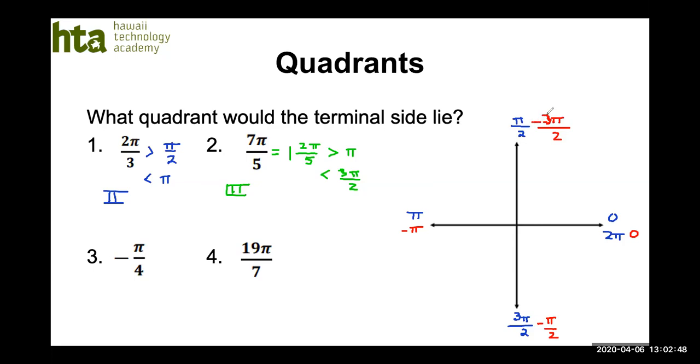Okay, so we're going in the negative direction. If I go negative 1/4, just ignore the negatives and go backwards. 1/4 is less than 1/2, so it's less than pi over 2, but it's bigger than 0. So negative pi over 4 falls in this quadrant over here somewhere. So that means this is going to fall in quadrant 4.